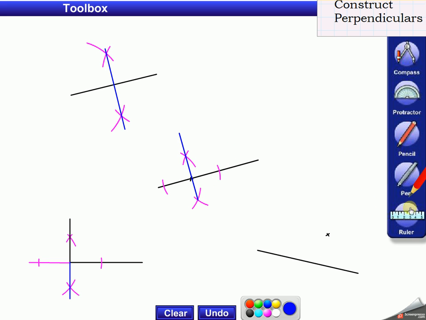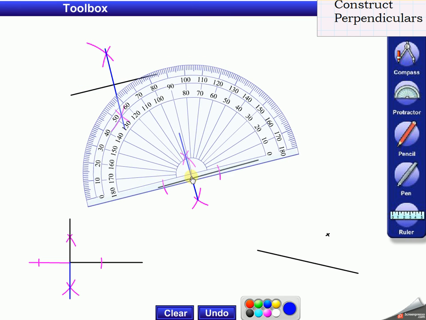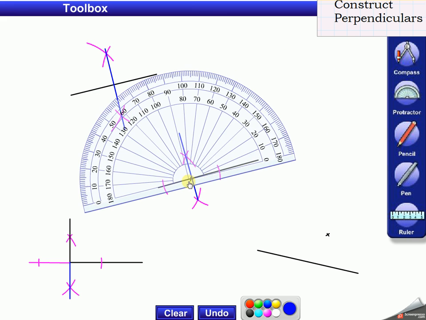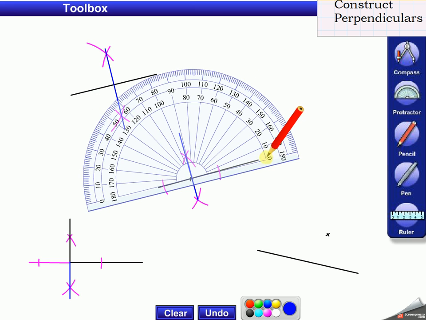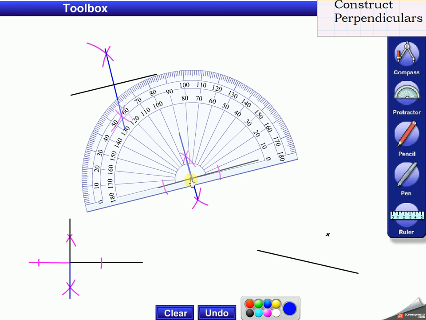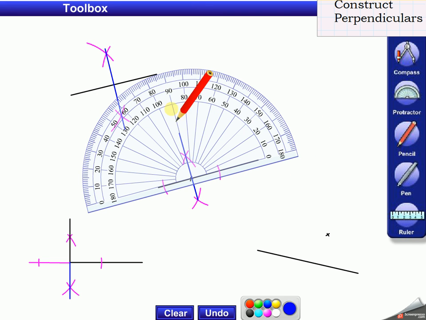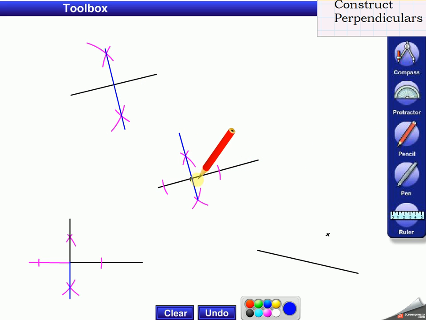At right angles, it doesn't bisect the line itself, it bisects these 2 points, but the angle should still be a right angle. Bring it round. 0 and 90 degrees.